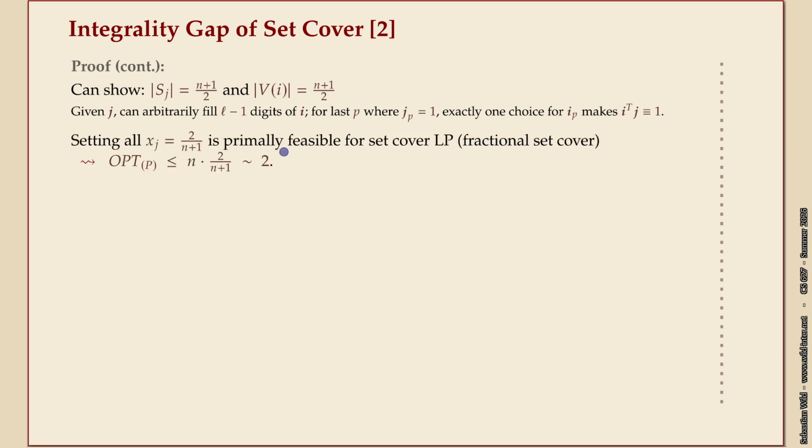Now this is enough to show that we have a very cheap fractional solution, because you can just pick a 2 out of n plus 1 fraction of all the sets. They in total will be a set cover because of this, right?